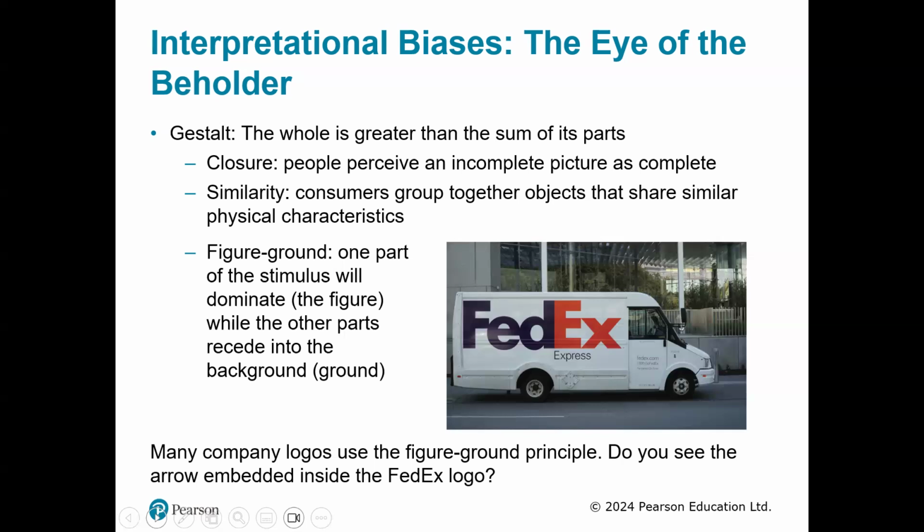Number 2, the similarity principle tells us that consumers tend to group together objects that share similar physical characteristics. Number 3, the figure-ground principle states that one part of a stimulus will dominate, the figure, and other parts recede into the background, the ground.